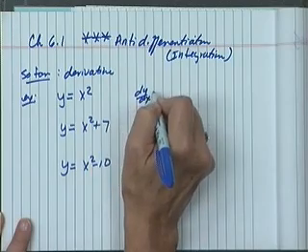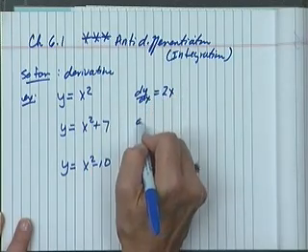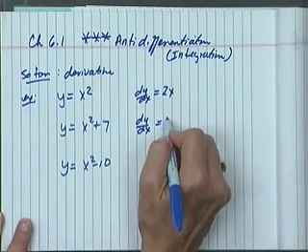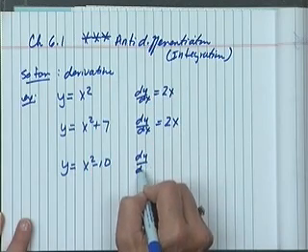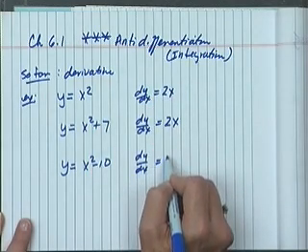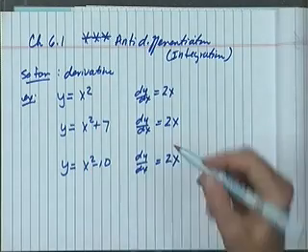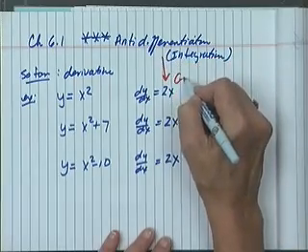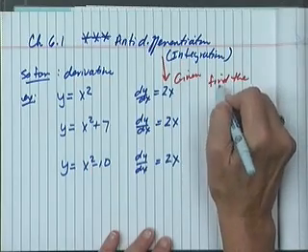The derivative of x squared is 2x. The derivative of x squared plus 7 is 2x. The derivative of x squared minus 10 is 2x. Okay, anti-differentiation means if I give you the derivative, find the function.